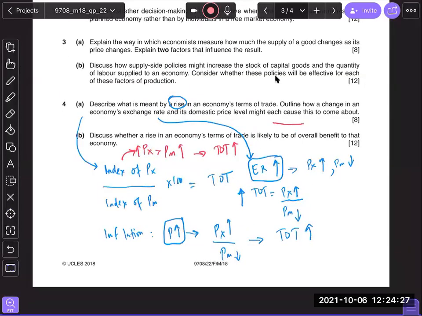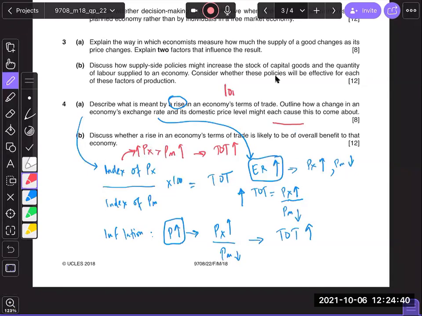So another reason why it might not happen could be, if you look at inflation, if inflation is happening in your country, but it's lower than your trading partners, then your terms of trade may not worsen. Number one is that. So that's the counter argument, which is the might part, right?